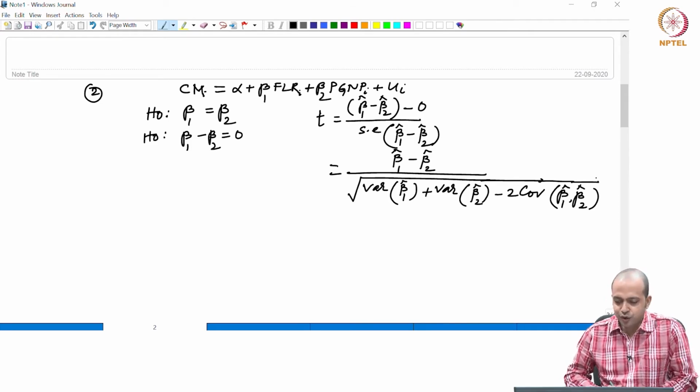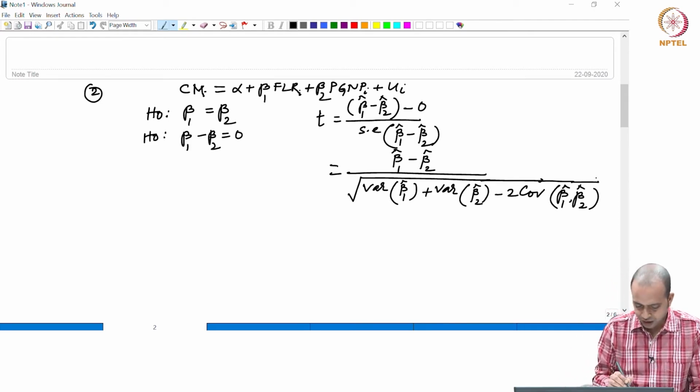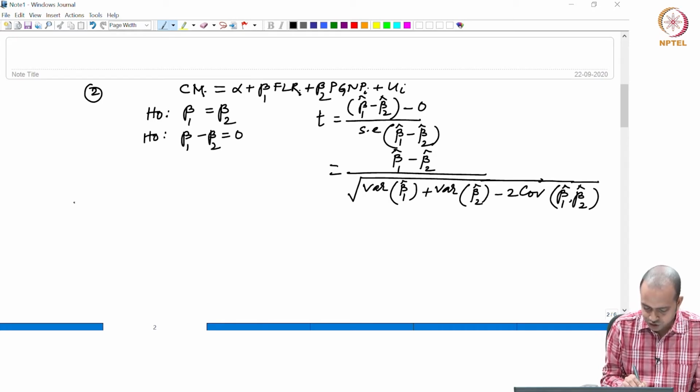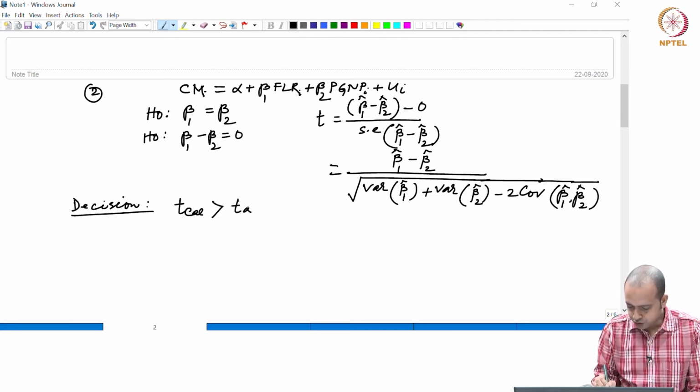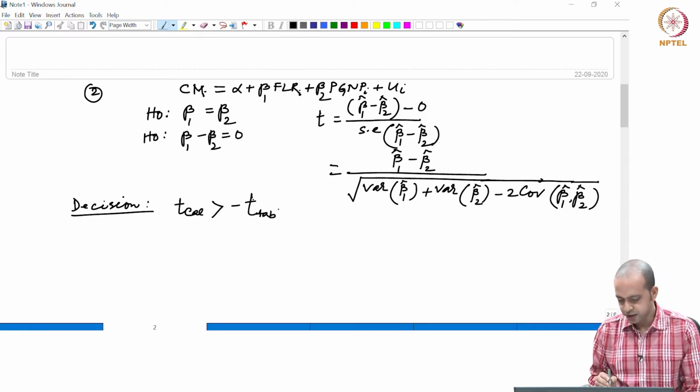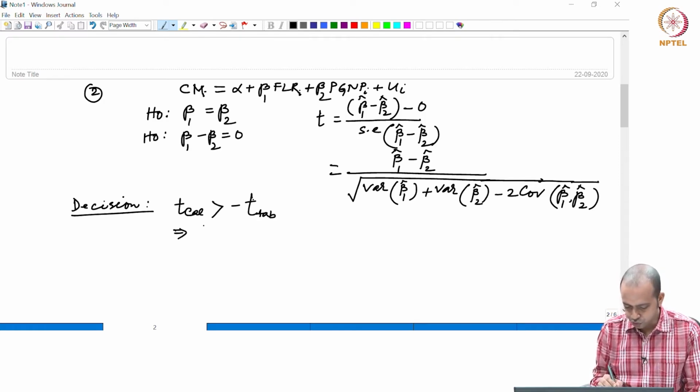Now, once again, for this calculated T, how will you take your decision? If T calculated is greater than T tabulated, then you have to reject your null, reject your H naught.